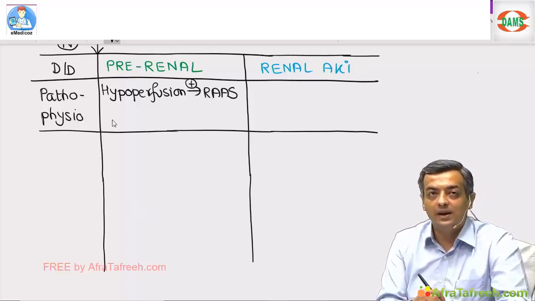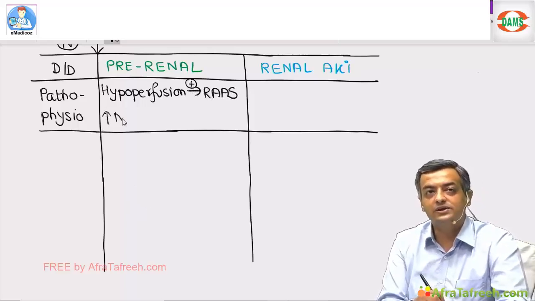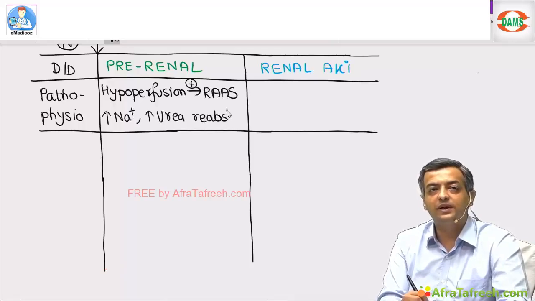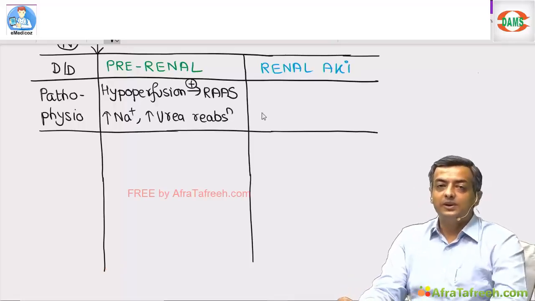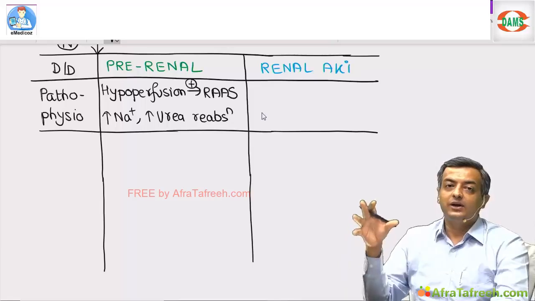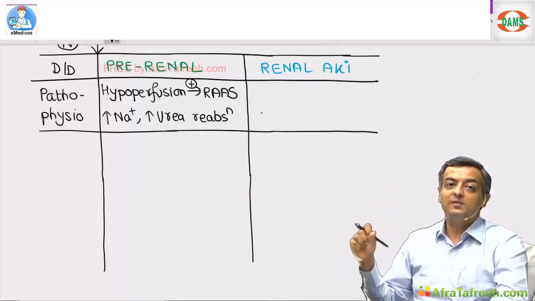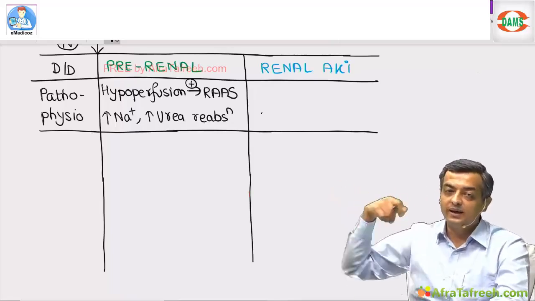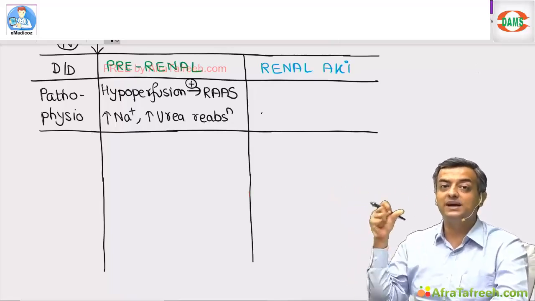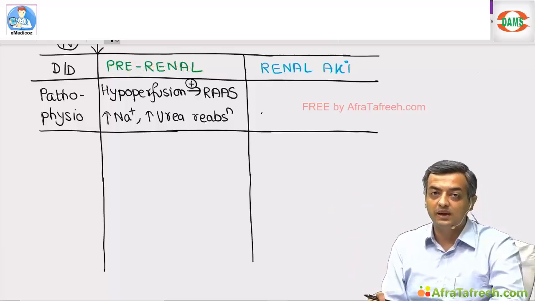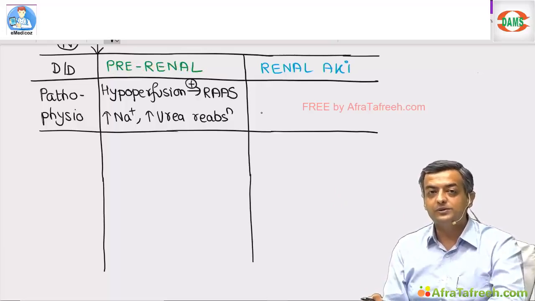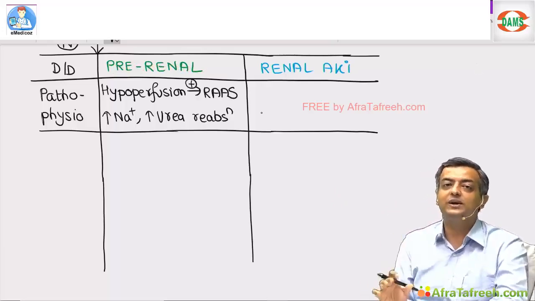And we know RAS activation causes increased sodium and also increased urea reabsorption from the tubule. So the kidney gets the signal that you have to reabsorb maximum water because renal perfusion is less. As discussed along with channelopathies, water absorption is linked mainly to sodium.